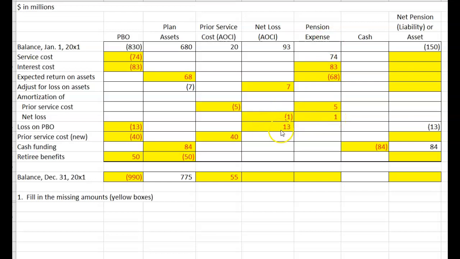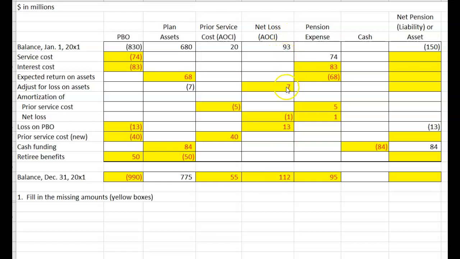Now all the numbers have been completed for the net loss AOCI column and the pension expense column. So go ahead and find your balance at December 31st X1 for both of those columns. Then start the video again to check your work.